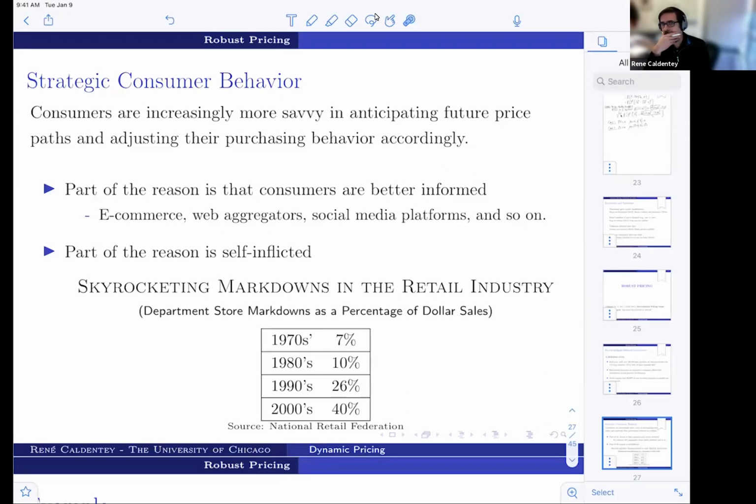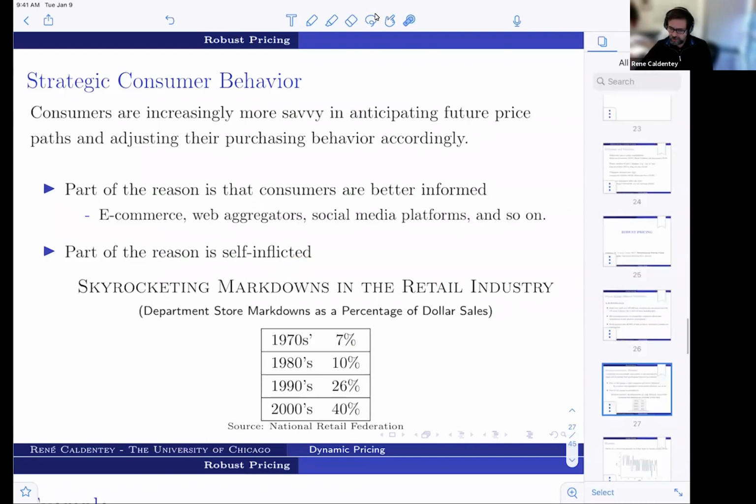They can understand better how companies are pricing their products, and therefore react to that information in a way that gives an opportunity to buy when prices are low, right? And part of this is, as I mentioned before, self-inflicted. This is again similar to that chart I showed before. How much of the stores' dollar values are actually done in periods of markdowns, right? This number is going up, and so people are used to markdowns, right?